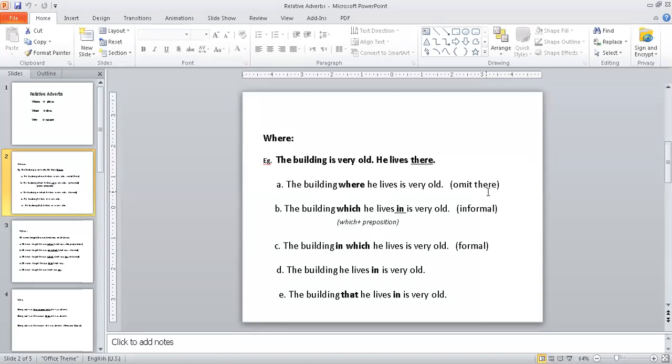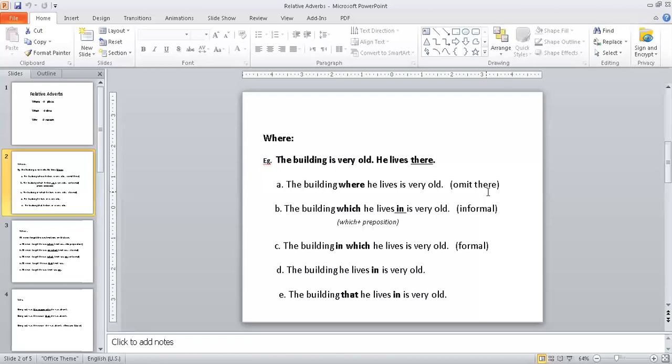Sentence A with where. The building where he lives is very old. We said before that the relative pronoun should follow the noun. If where is used, a preposition is not included in the adjective clause.